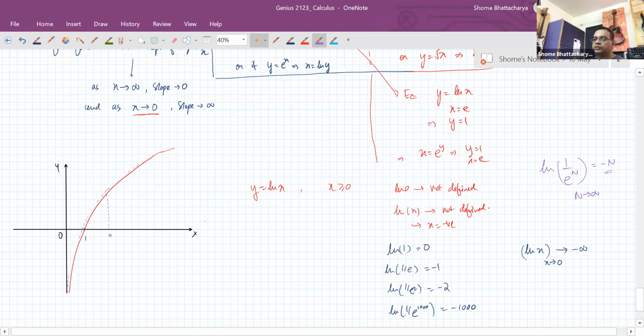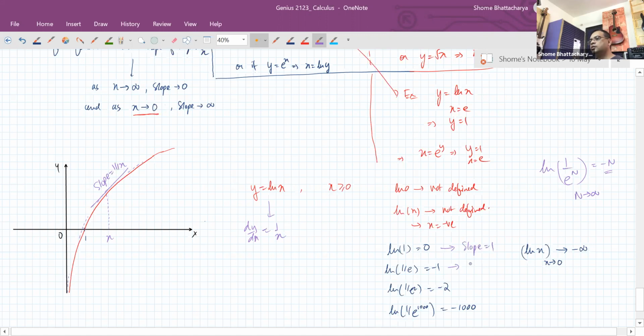Now when we talk about the slope, yes, the slope will tend to infinity. For this function, the slope at any point is 1 by x. So at any point x, if I draw the tangent, that tangent has a slope equal to 1 by x. At this point, the slope will be equal to 1.